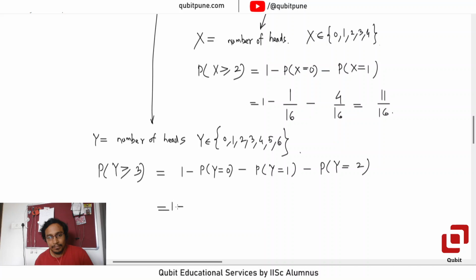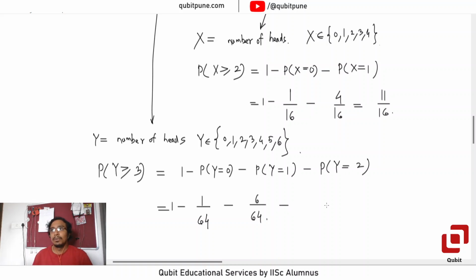Okay? So with 6 tosses, there will be 64 outcomes. Here it will still be 6 by 64. Hope you understood this. 6 different possible outcomes are there where we will get only one head: head first, head second, head third, head fourth, head fifth, head sixth.